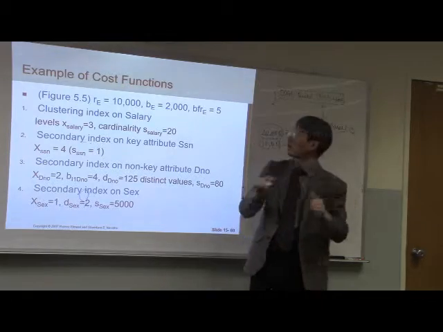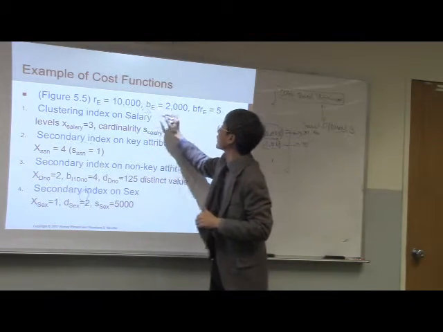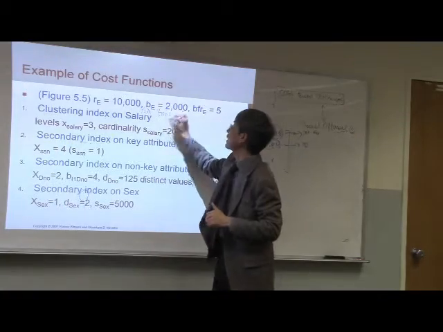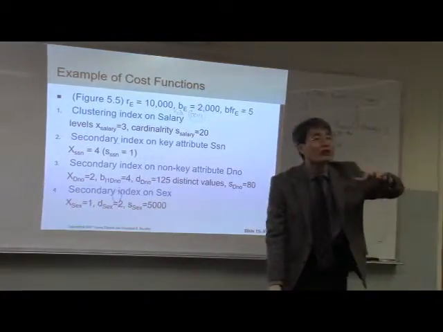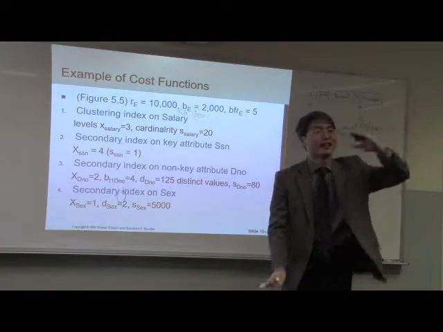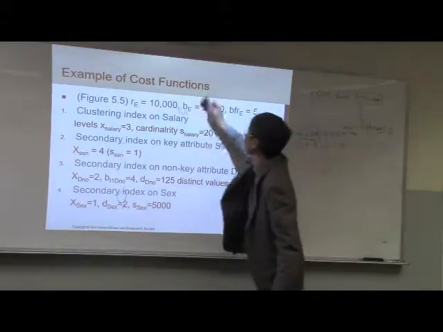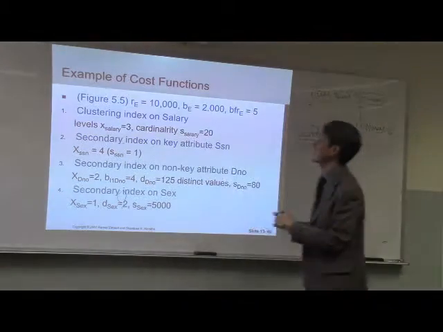In other words, if we divide 10,000 by 20, that is 500, which means 500 different salaries. That is the selectivity of the salary.